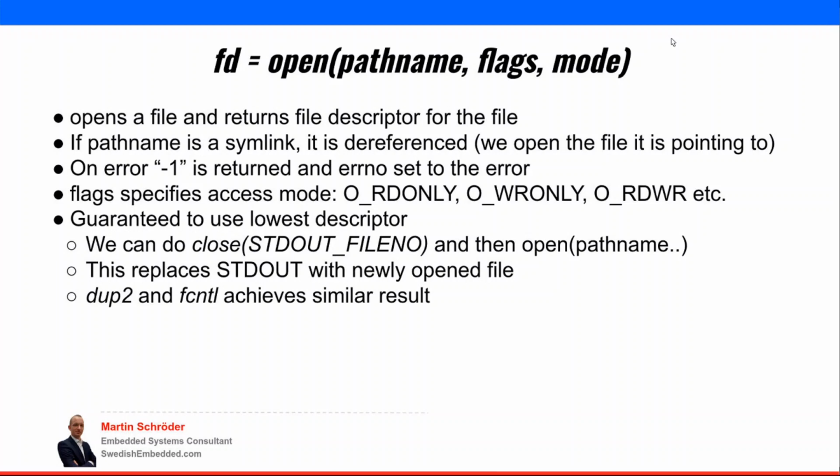We can have more control over this using the specific system calls, and it also makes the application easier to read. But if you ever see an application that just closes a file descriptor and then reopens it using a path name, then you know that what it means to do is to reopen the same file descriptor, if it's one of these lowest file descriptors in the application that are always there.